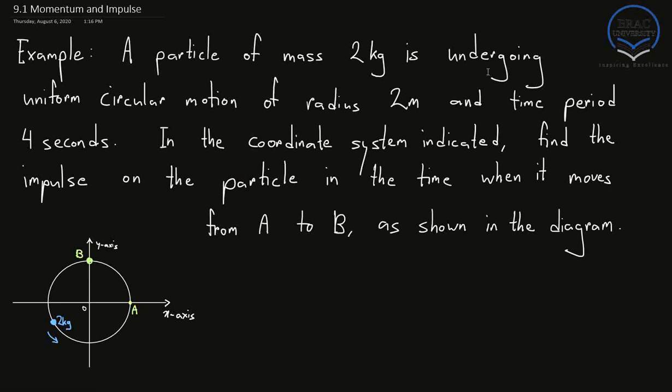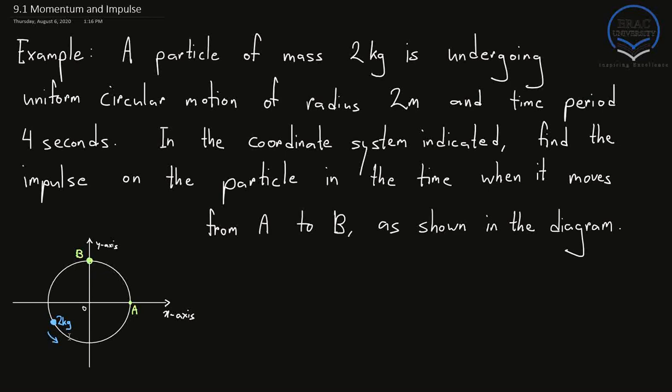So let's look at an example where we will evaluate impulse. Suppose we have a particle of mass 2 kilograms undergoing uniform circular motion of radius 2 meters and time period 4 seconds. We've got this circle right here. The particle is going in an anti-clockwise direction as shown.